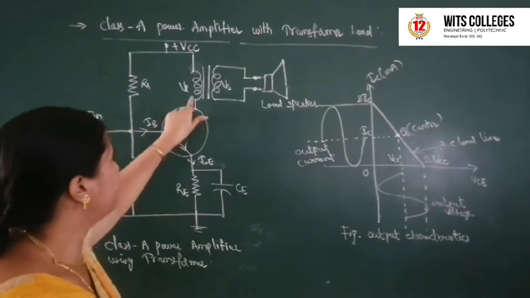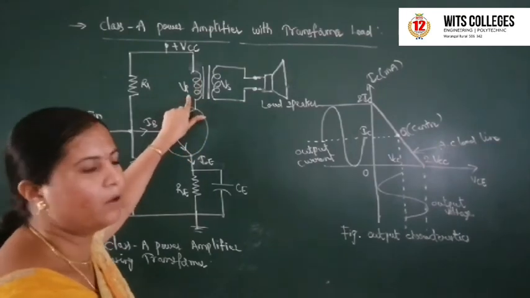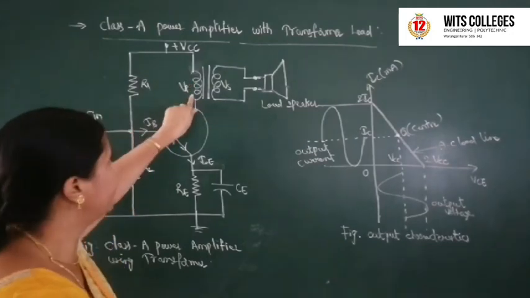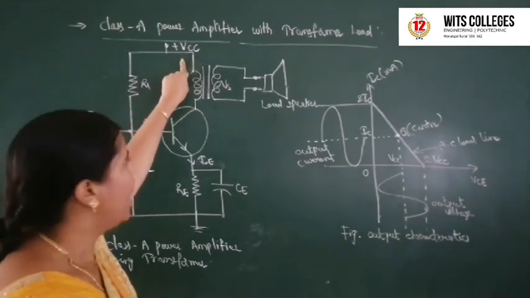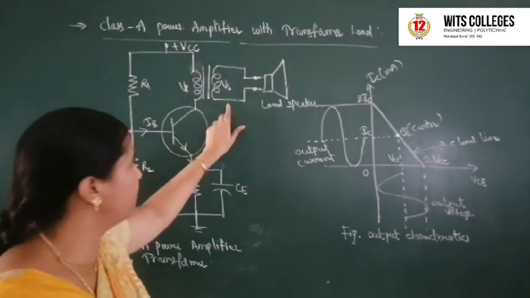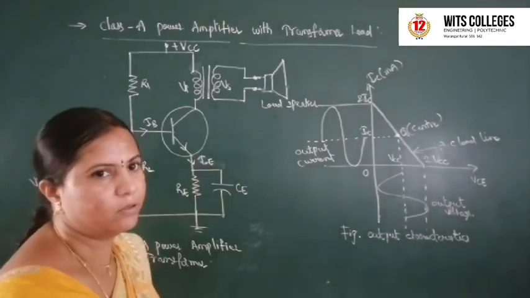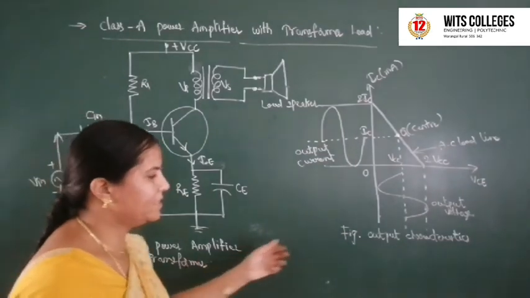The transformer primary terminals are connected to the collector terminal of the transistor and VCC, and the secondary terminals of the transformer are connected to drive the load, that is, the loudspeaker. So this is the construction of the circuit diagram, and this is the output characteristics.